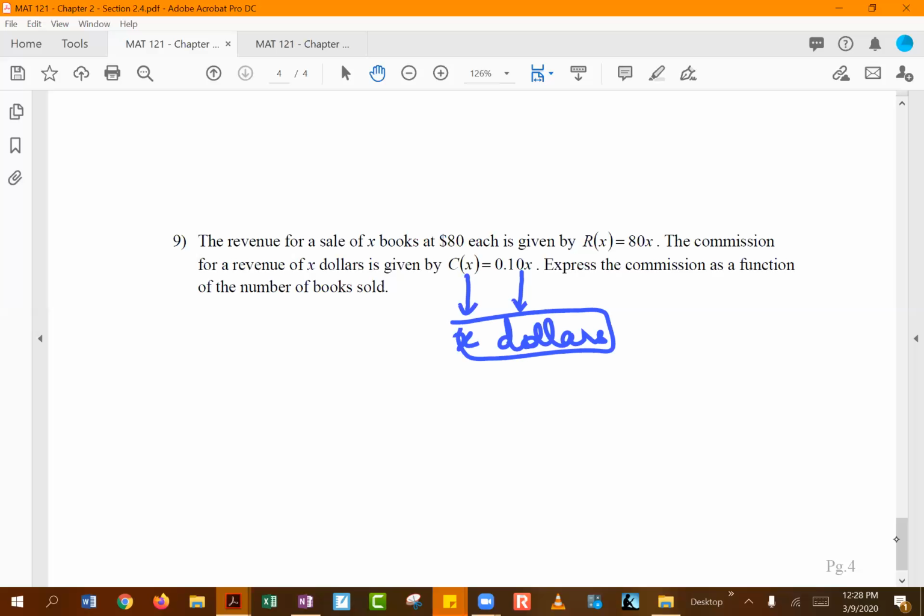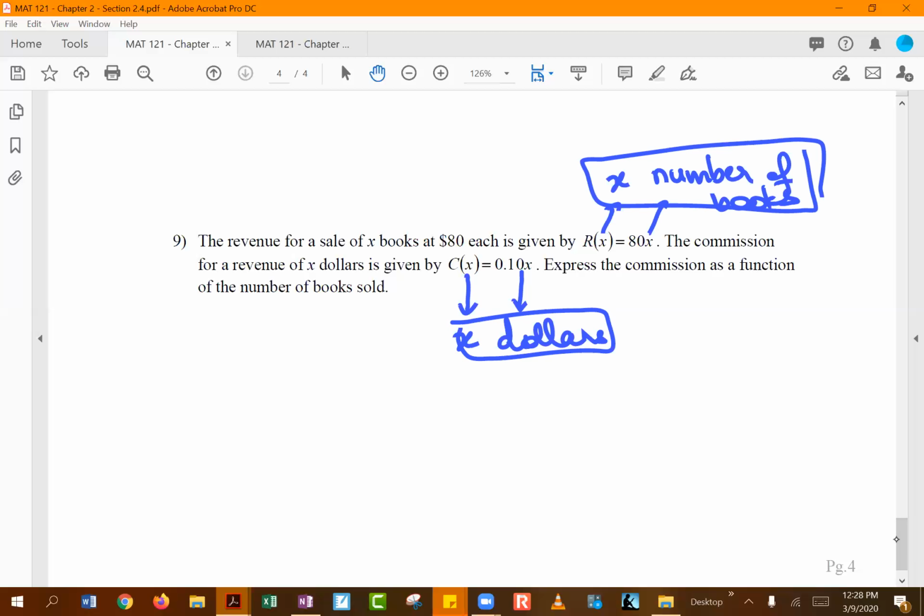In the revenue function, this X is the number of books. Even though we're using the same variable X, it means two different things for the two different functions. For revenue, X is the number of books. For commission, X is how much money you made, or how much your revenue is.